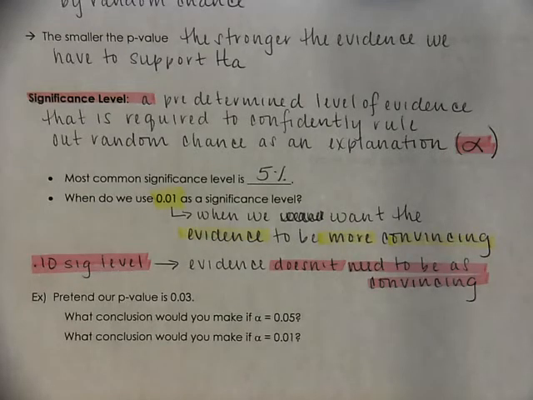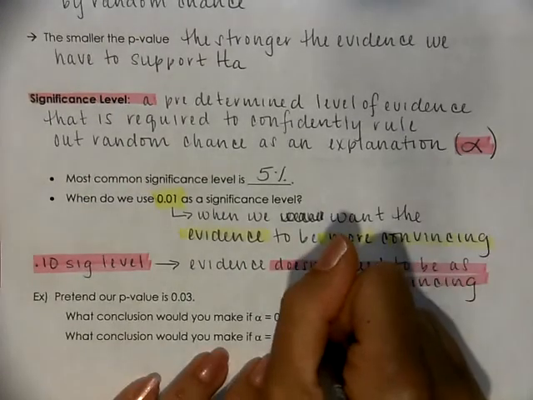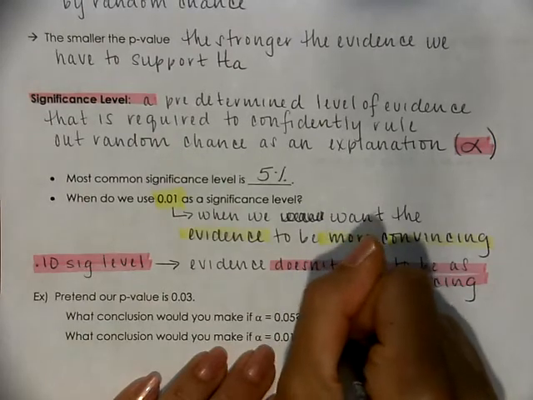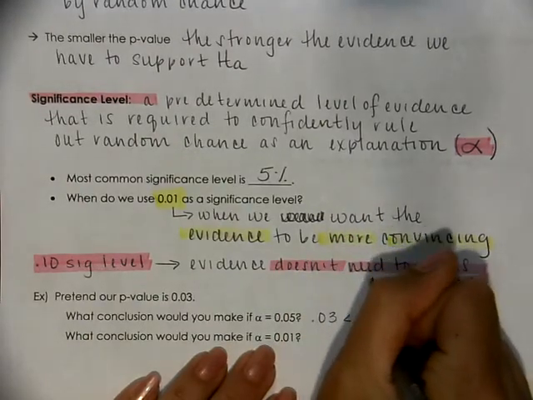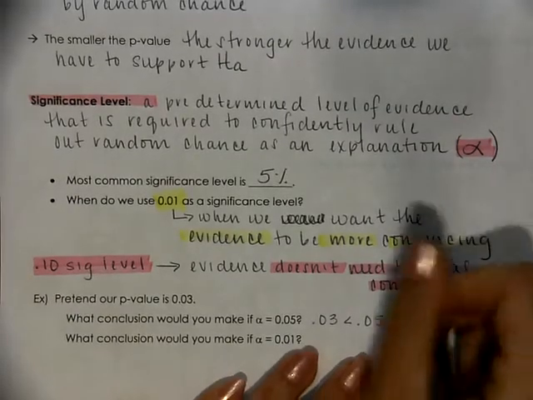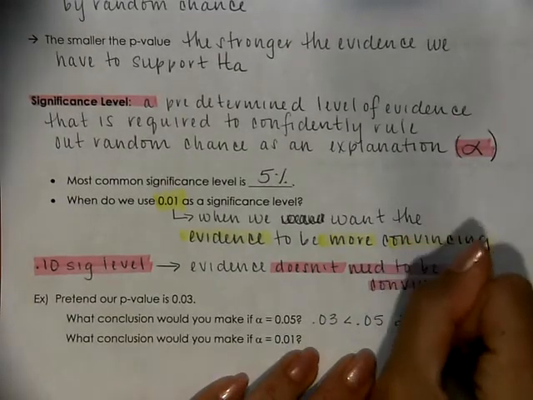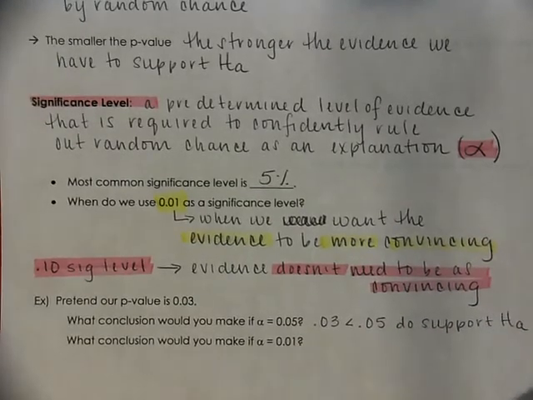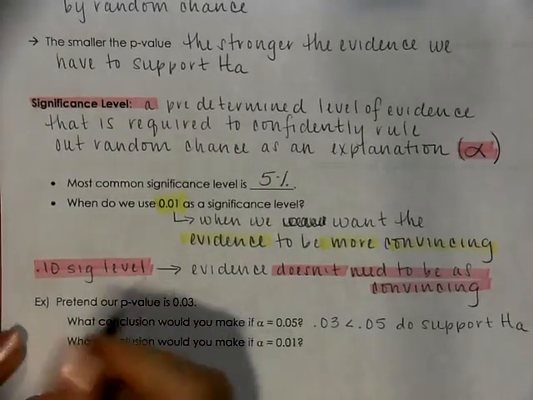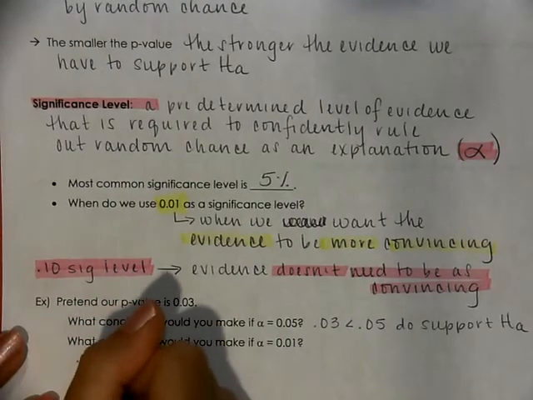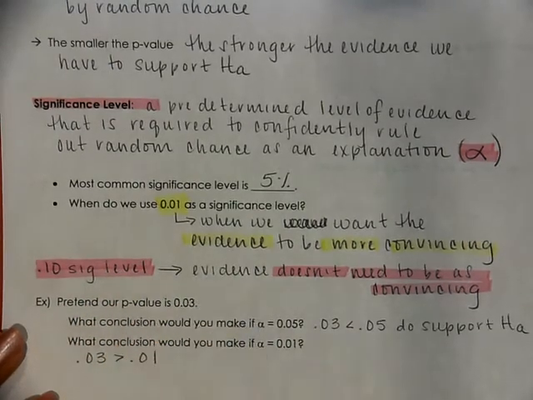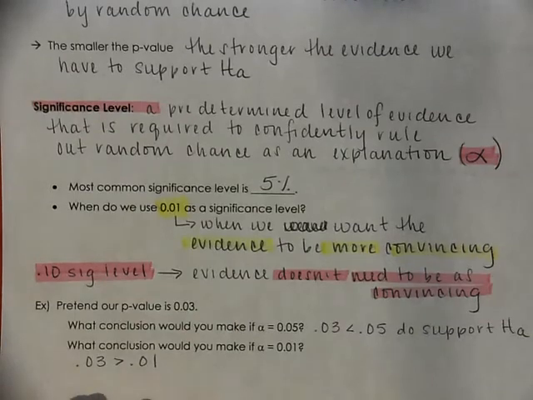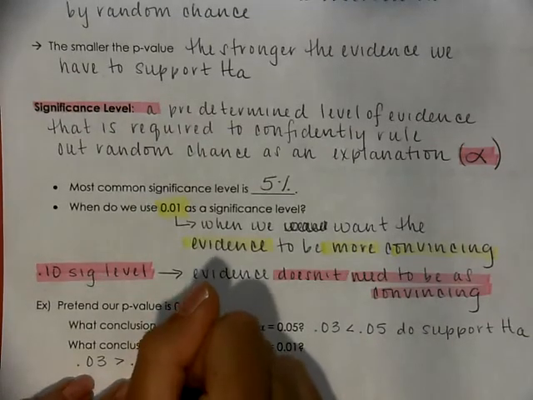Our p-value of 0.03 is less than 0.05. Therefore we do support HA. However, what if our significance level dropped from 5% to 1%? Now our p-value of 0.03 is greater than 0.01, our significance level. Therefore, we do not support HA.